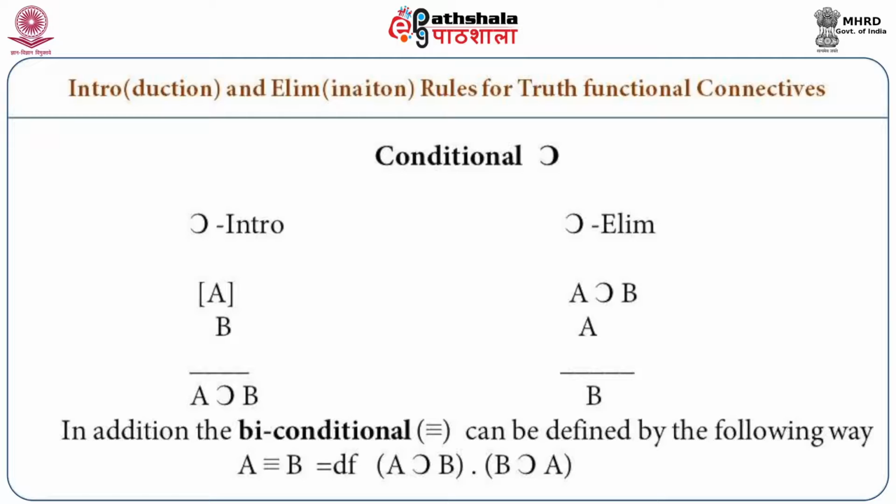A is materially equivalent to B, which is definitionally equivalent to A implies B and B implies A. In this way, with the given truth connective, implication, we have explained the biconditional connective.